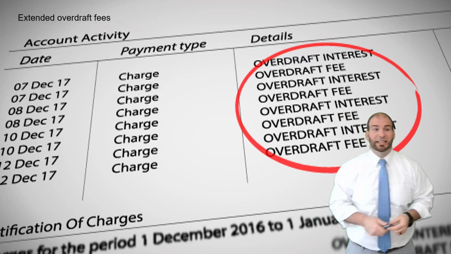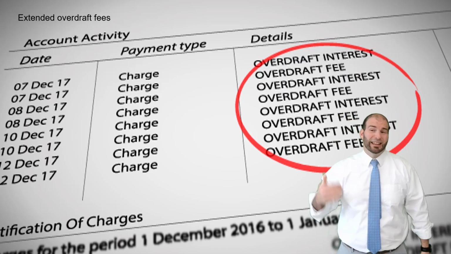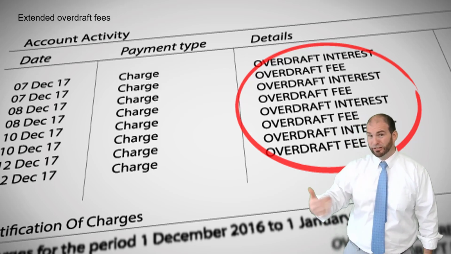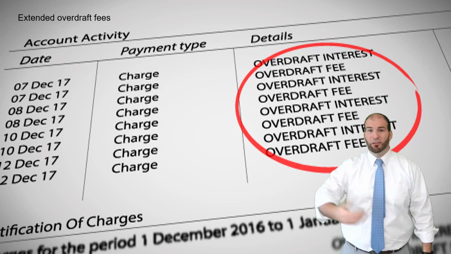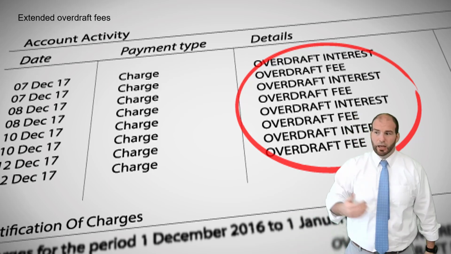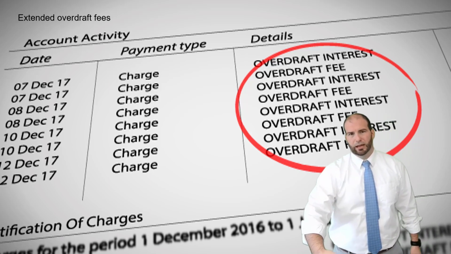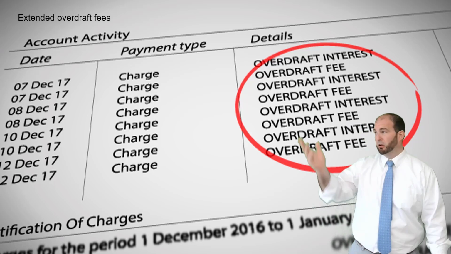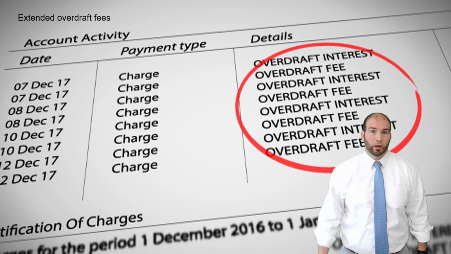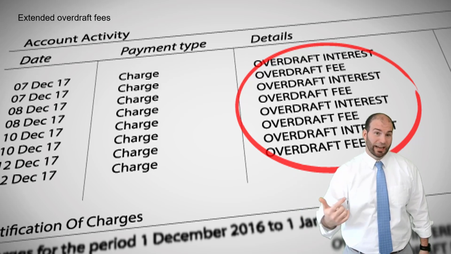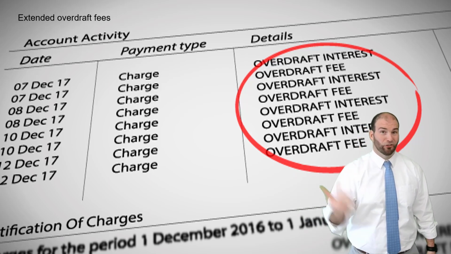So those are overdraft fees. Even worse are extended overdraft fees. This can happen when you're not keeping up with how much money is in your account. It's always online, even though we're not balancing checkbooks. This is the equivalent of not balancing your checkbook. If you go over and you don't swipe a card again for days on end, your bank could say, hey, for every day that you're in the negatives, we're going to charge you an additional $40.